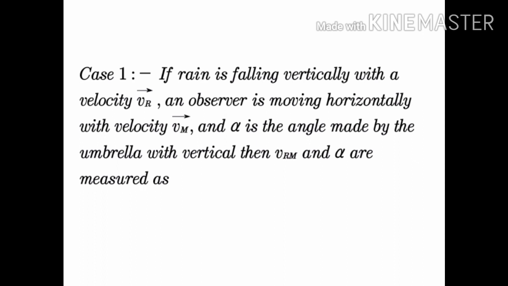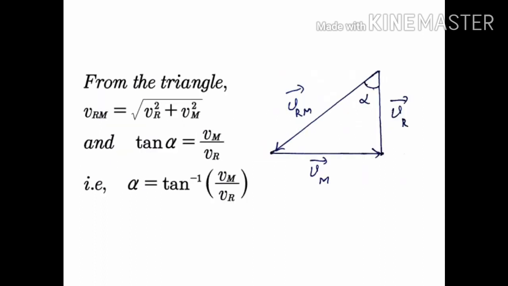To find VRM and alpha, first VR bar and VM bar are drawn such that their final points coincide. Then by joining the initial points of VR bar and VM bar, we get VRM bar, as shown in the diagram, and we get a right angle triangle.